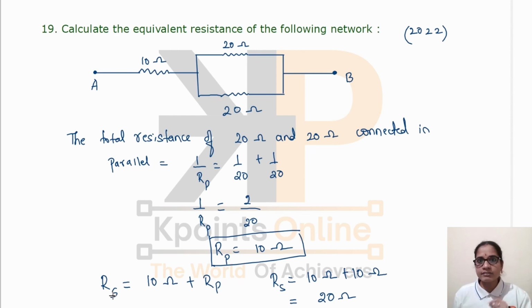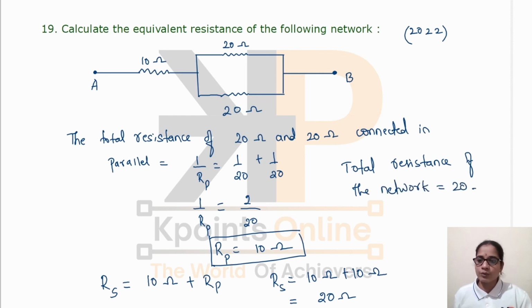Rs is the equivalent resistance of this 10 ohm resistor and this system of resistors. So the total resistance of the network is equal to 20 ohm.